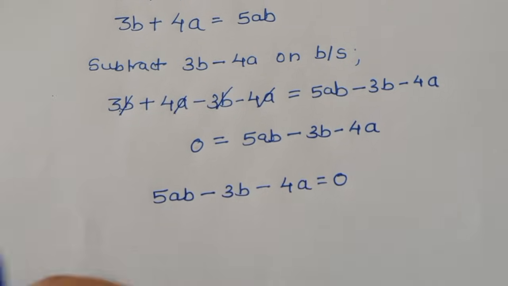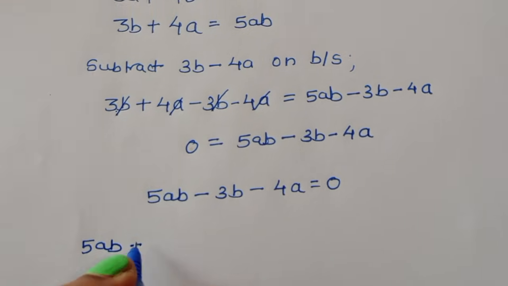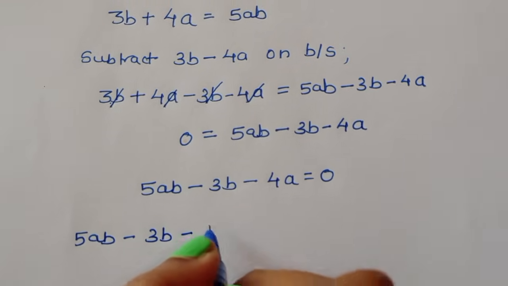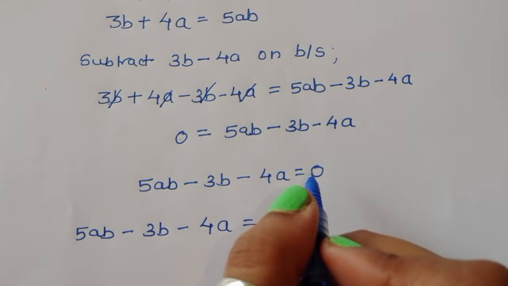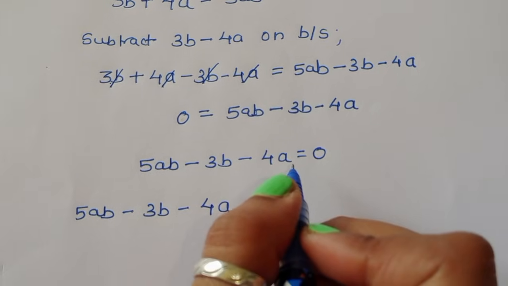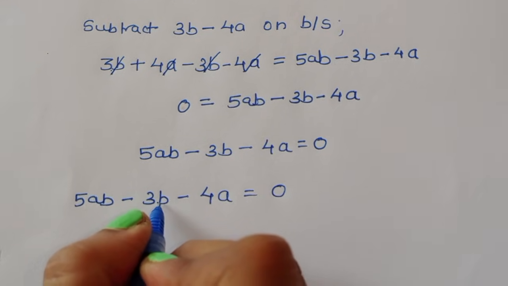Here we have 5ab minus 3b minus 4a equal to 0. Now we can multiply and divide by 5 in the term 3b.